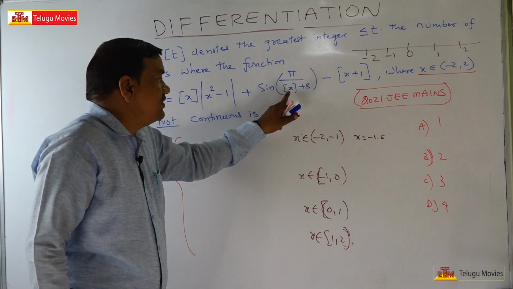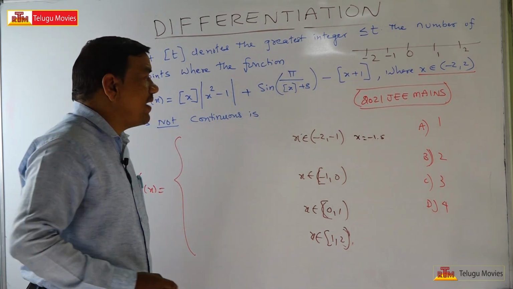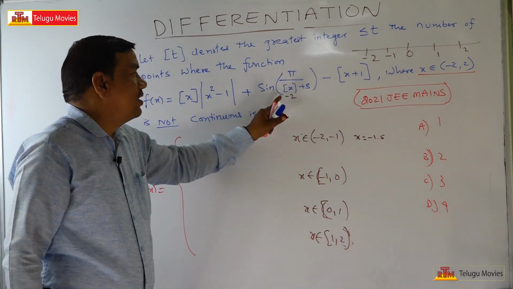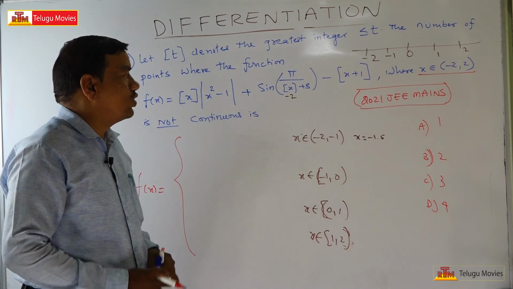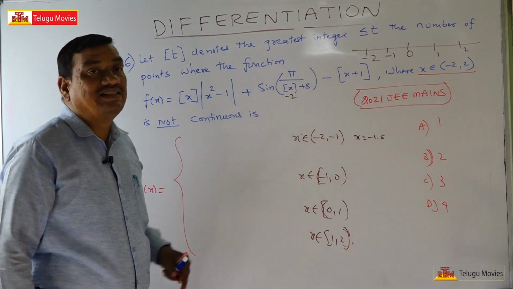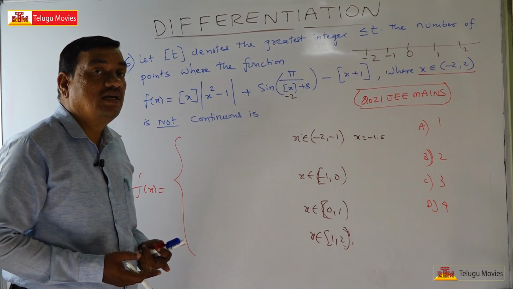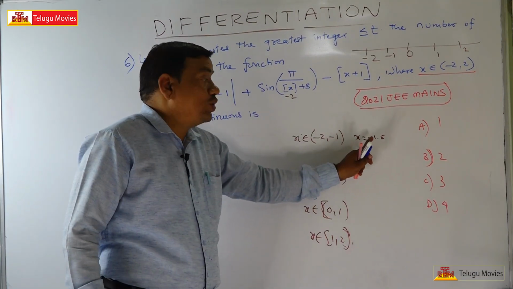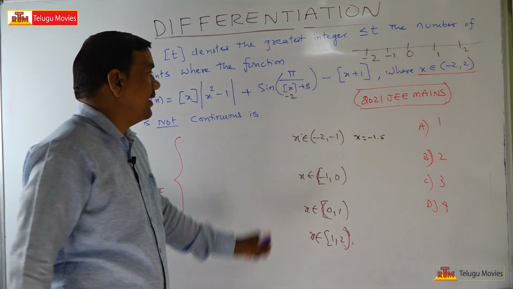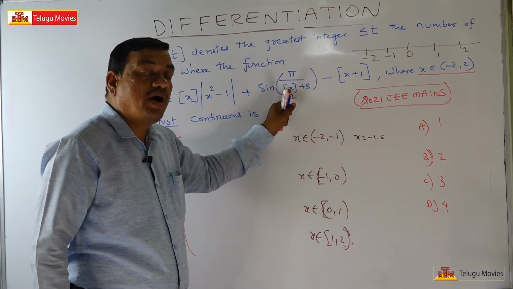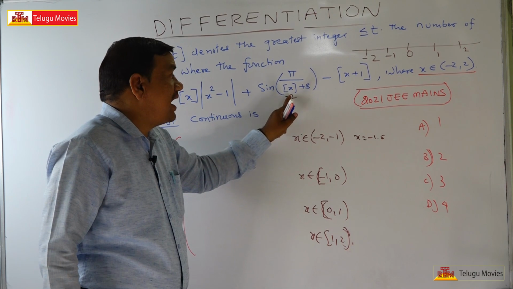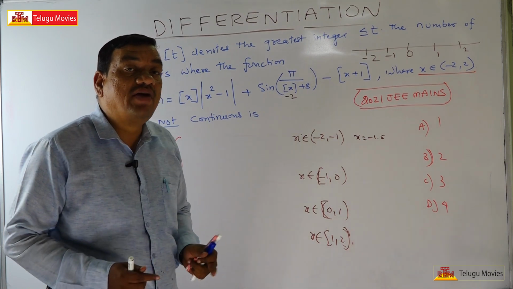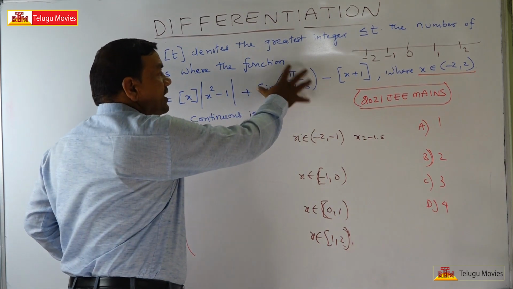If we substitute here, step of -1.5 is equal to how much? -2. -2 plus 3 is equal to how much? 1. So this will become sin pi. Sin pi value is equal to how much? 0. This will become 0.